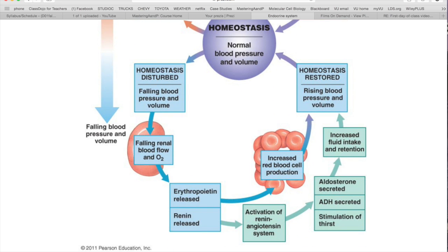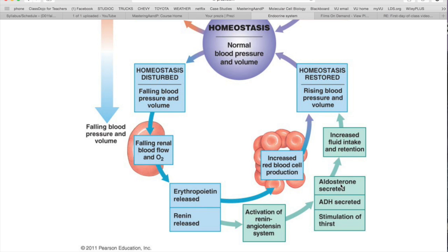If blood pressure drops, this is sensed by the kidneys because they're not getting enough blood flow and not enough oxygen. And they'll do two things: release EPO, erythropoietin, which goes to the bone marrow and causes increased red blood cell production, which is going to increase the blood volume. And also activate the renin-angiotensin system by releasing renin.